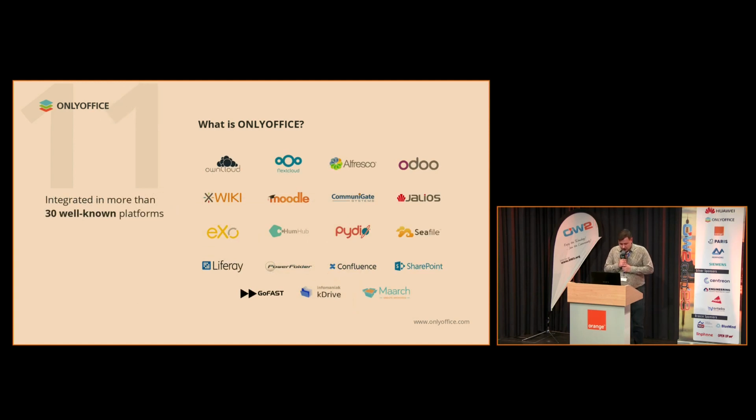Today, ONLYOFFICE is integrated into more than 30 well-known and widely used platforms. Such integrations are possible via special connectors developed by either our team or by our technological partners or even independent developers.